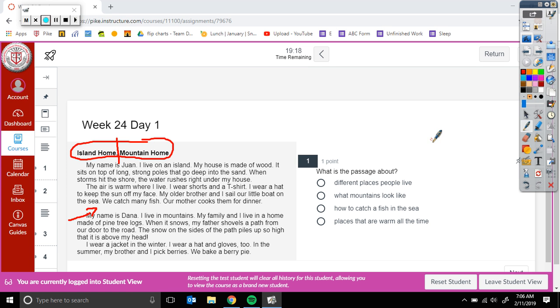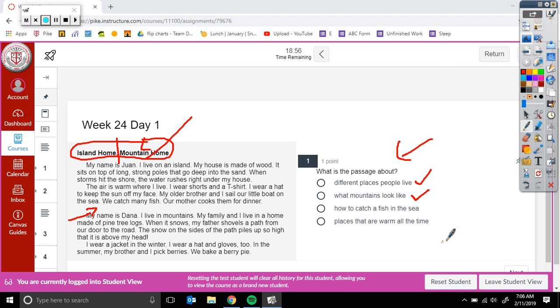So let's go. What is the passage about? Different places people live. Well, people live on the island home. People live on the mountain home. That could possibly work. What mountains look like? I see the word mountain right here, so it could possibly be that. How to catch a fish in the sea.